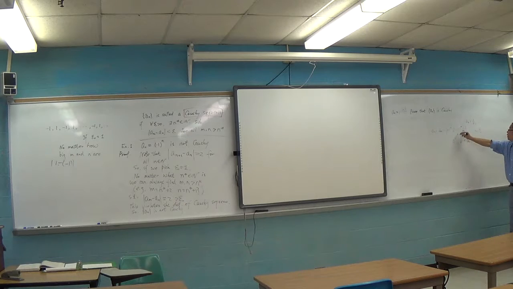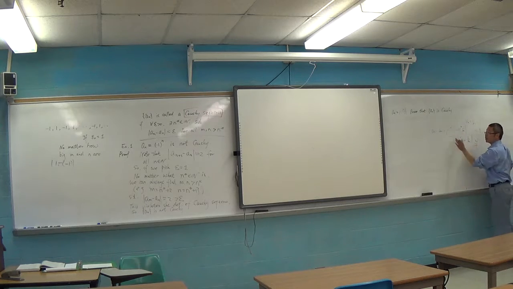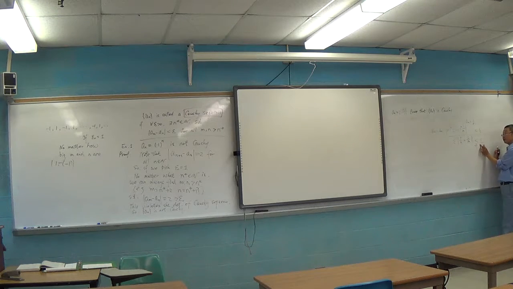In order to show that this is less than epsilon, we enlarge it. If the bigger one is less than epsilon, then of course the original is less than epsilon. Now, how can we show this less than epsilon whenever n is greater than n star? Once again, let's enlarge it.